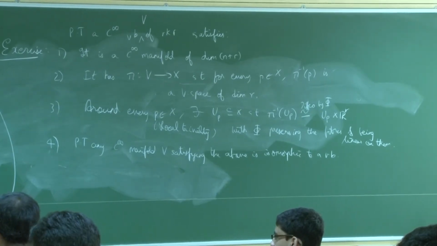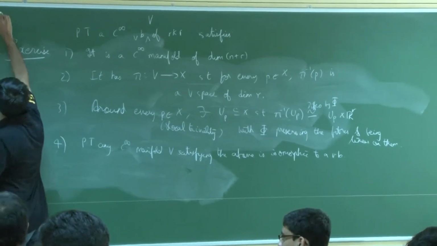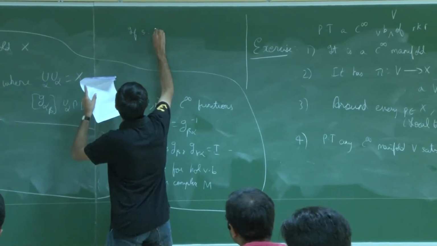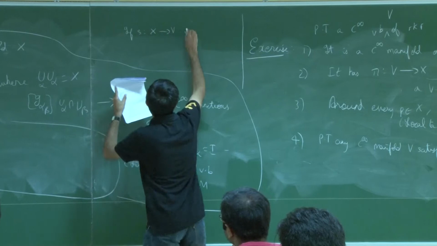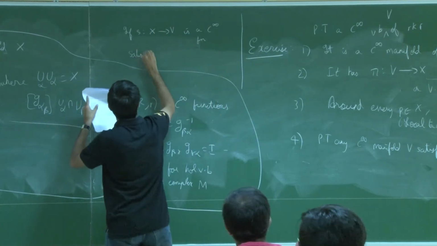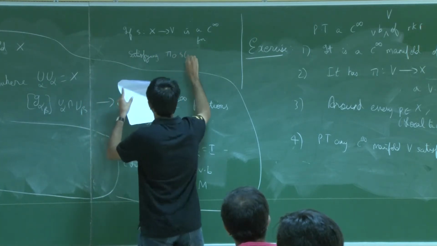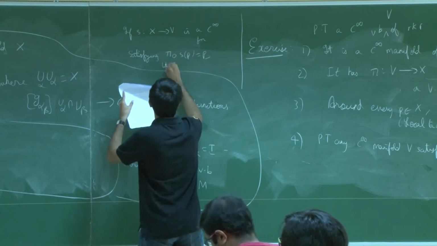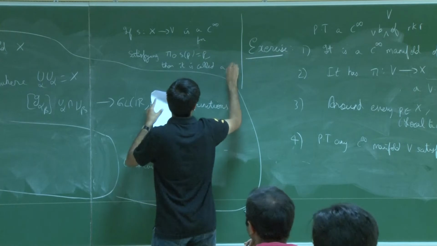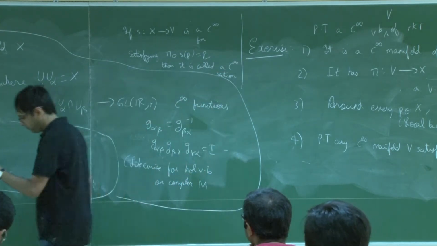Likewise, maybe I'll write it here itself: if S from X to V is a smooth function satisfying pi composed with S of p equals p, then it is called a smooth section, just like in the case of line bundles.